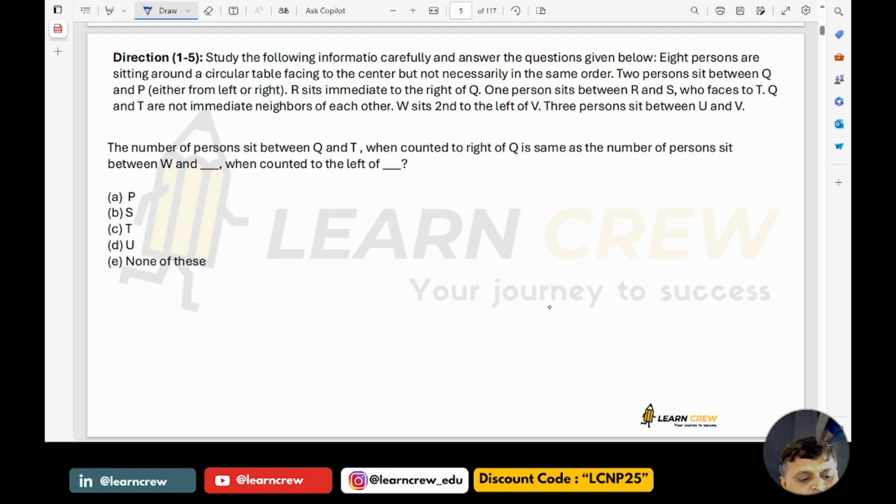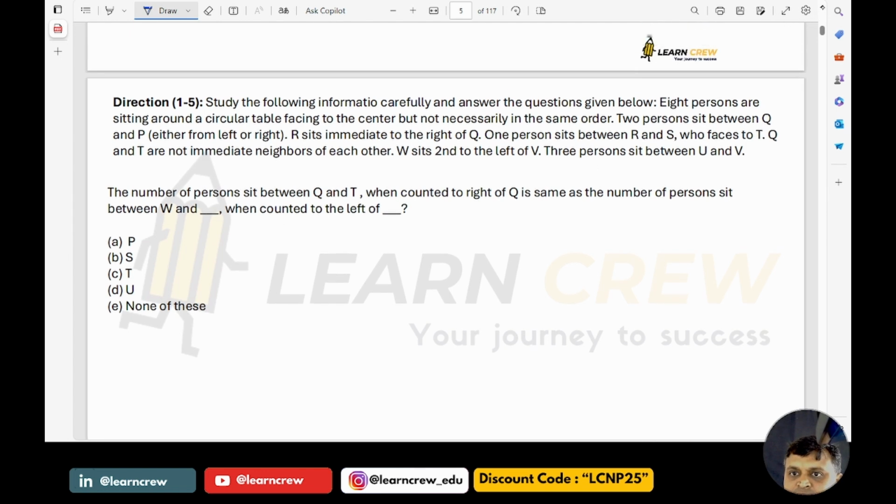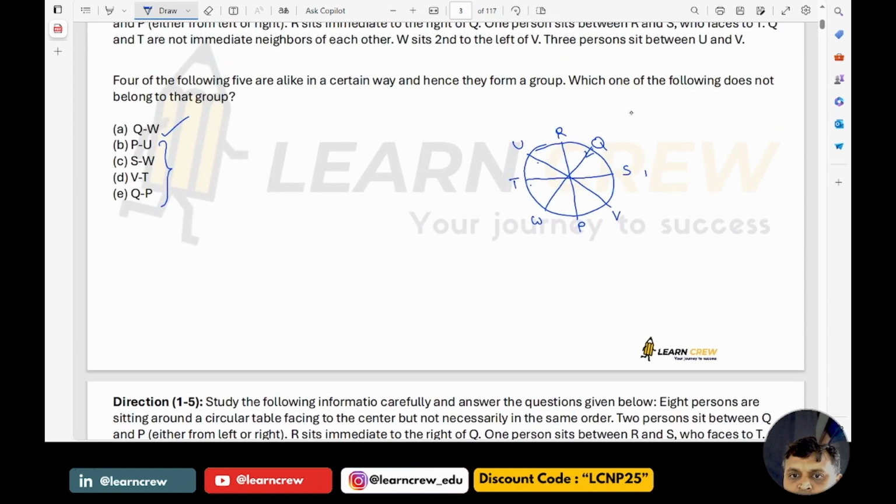So if you see here, between W and S, how many persons are there? You can see it is the same.